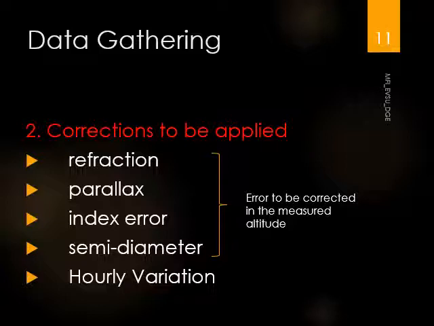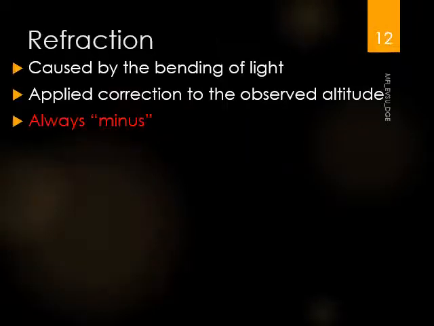Yung ating hourly variation, we need to apply correction on the declination. So, di ba yung ating table ni almanac is naka-daily, daily changes. So, we need to determine the hourly variation of the sun, yung declination niya or ang ating north polar distance.